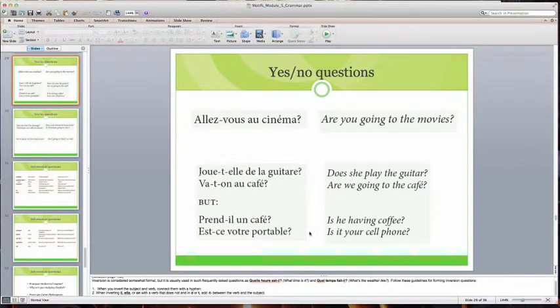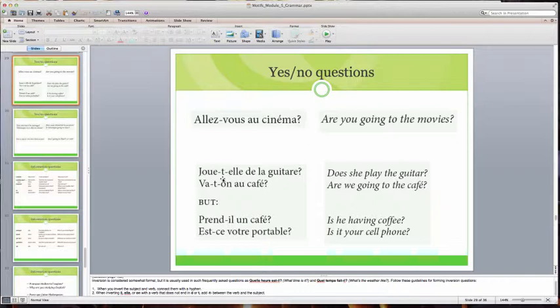So as I'm looking at the bottom left box here, I'm seeing something weird in the top examples, and that's this dash T dash thing going on. I bet you know what that's for. We've got two vowels here. Joue ends with an E, and elle starts with an E. And you know, French tongues, they don't do two vowel sounds together, so we have to help them along and separate the vowels by putting a T in between.